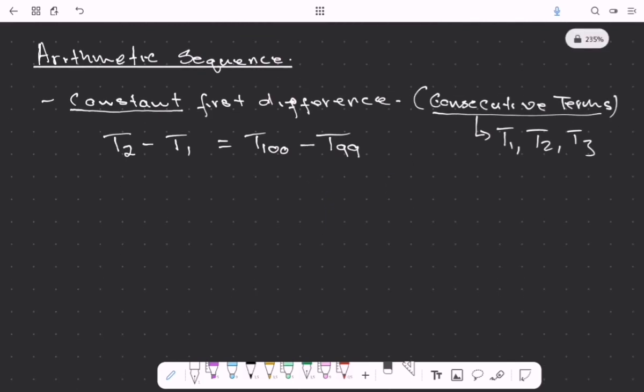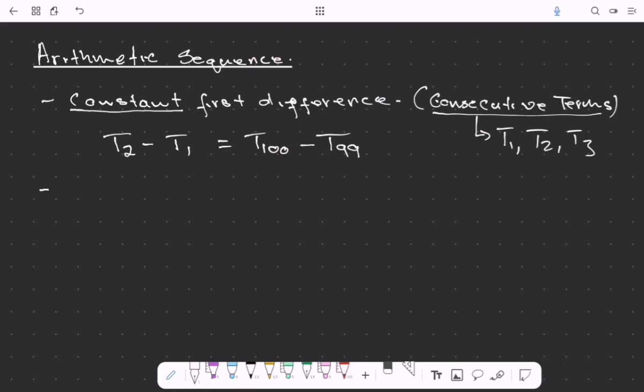So now that we understand what the constant first difference means, we need to understand another property of an arithmetic sequence. It's not really a property, but it's the general term, or the general equation, of the arithmetic sequence.